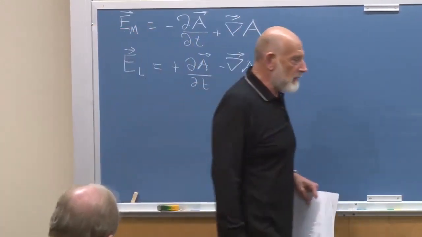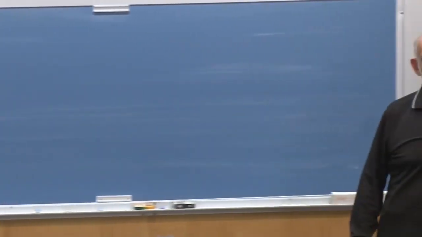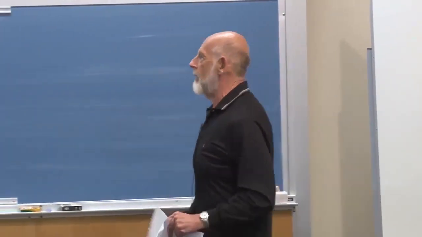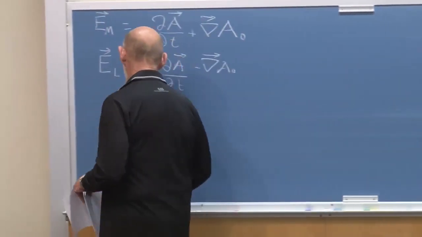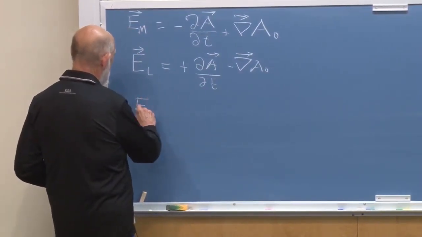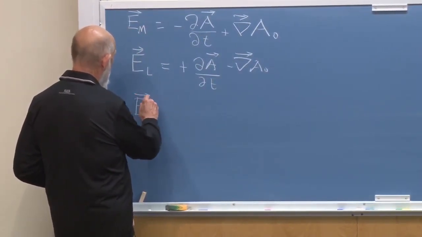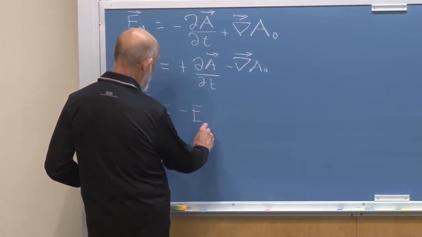You can do it any way you want. Just make sure at the end of the day that the things that you're calculating to compare with experiment are being compared in a consistent way. And so, to put it shortly, my definition and Maxwell's definition differ by a minus sign.